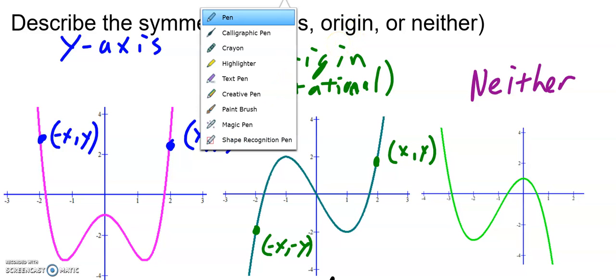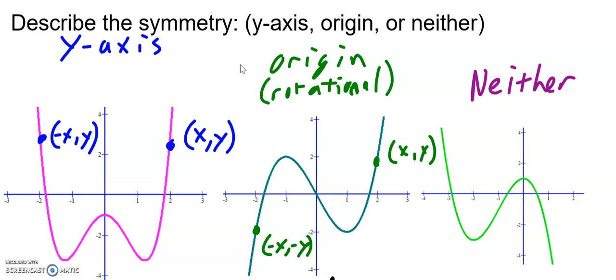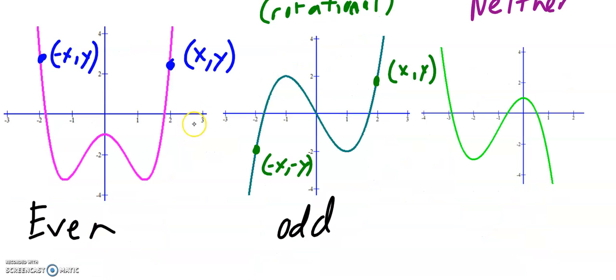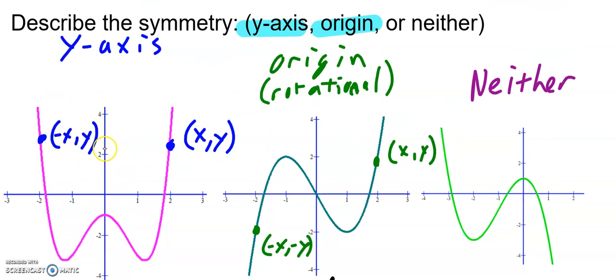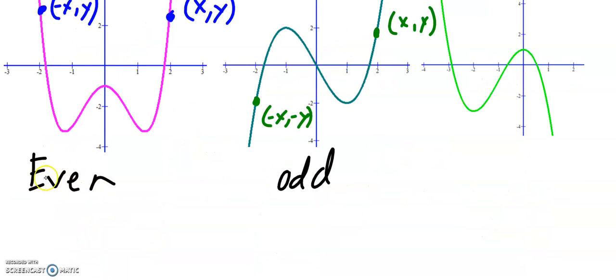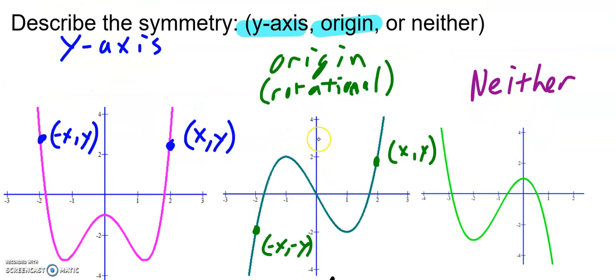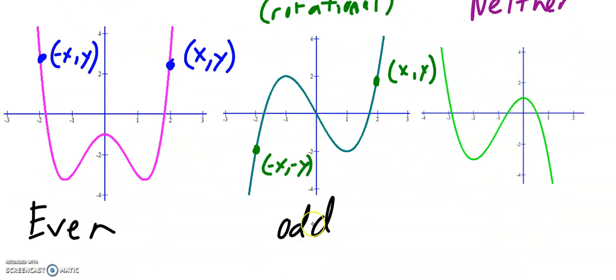Okay, great. Well, now you're asking yourself, wait, at the beginning of this class, you weren't talking about symmetry, you were talking about even and odd. Glad you brought that up. If a function has y-axis symmetry, it is what we call an even function. If a function has origin symmetry or symmetry about the origin or rotational symmetry, that is what we call an odd function.